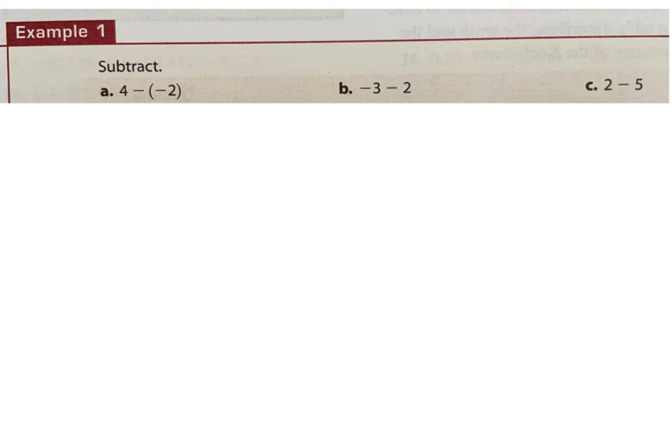So I'm going to make this 4 plus a positive 2. I changed this negative to a positive, and I changed this negative 2 to its opposite. Its opposite is positive 2. So now I can see that 4 minus a negative 2 is really the same thing as 4 plus 2, which is 6. And that is my answer.